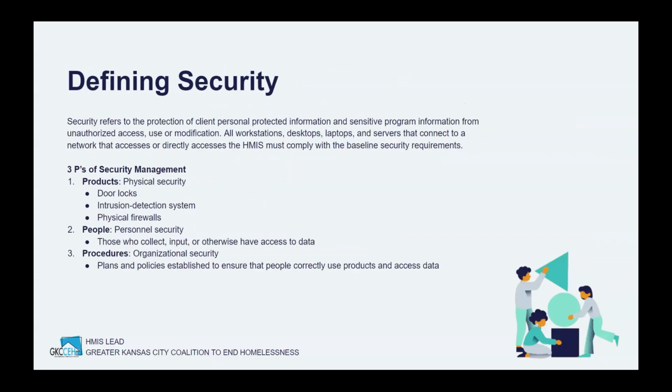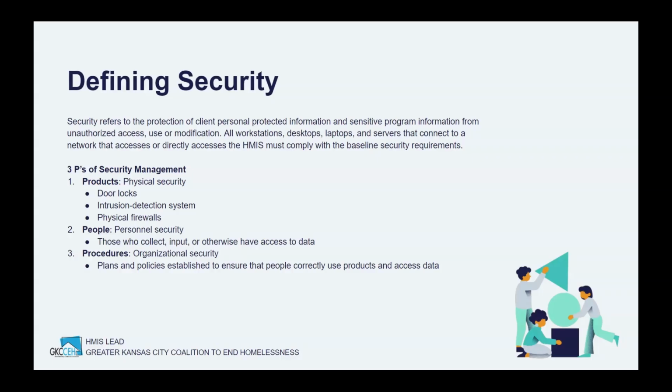Security refers to protection of client personally protected information and sensitive program information from unauthorized access, use, or modification. All workstations, desktops, laptops, and servers that connect to a network that accesses or directly accesses the HMIS must comply with the baseline security requirements.